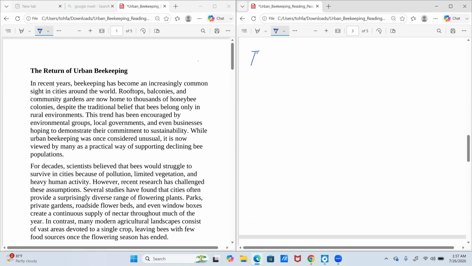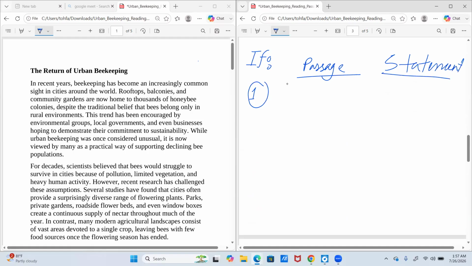Then let's see how we will be comparing. There will be three types of scenarios. The first scenario is that, suppose this is our passage and this is the statement, right? The passage and the statement both say the same thing.